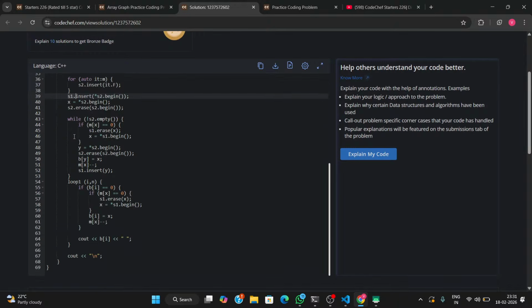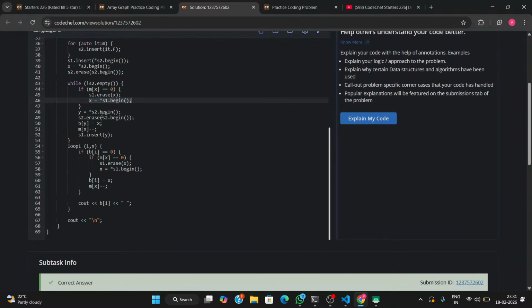Right. So I will take the first element of S1. What is X? X corresponds to the first element of S1. So while we have remaining edges in X, we will use it. If there is no edge remaining in X, we will erase it from S1 and we will simply take the next element from S1.